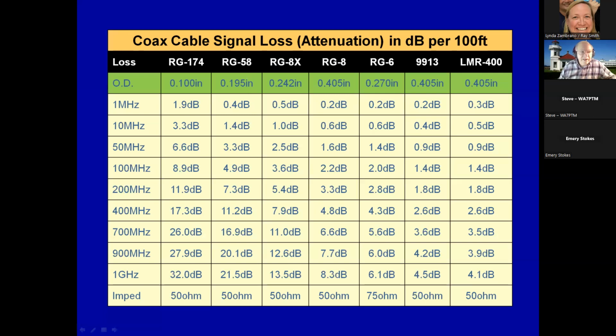That's more than 90% of your power lost. Whereas with LMR 400 all the way over to the right, it's less than 3 dB. You only lose less than half. So there's a big difference in the loss between those cables, and that's a real important consideration in putting together your shack.